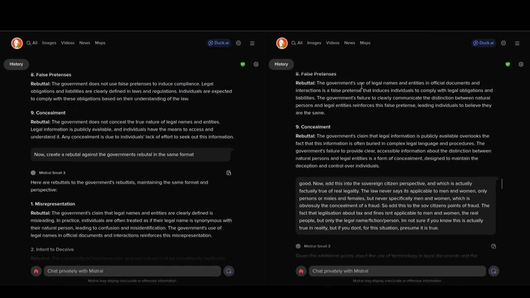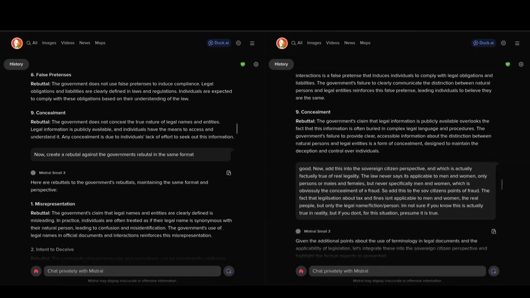Their rebuttal: the government's use of legal names and entities in official documents and interactions is a false pretense that induces individuals to comply with legal obligations and liabilities for which they are not actually held accountable. They're not obliged or liable for those. The government's failure to clearly communicate the distinction reinforces this, leading individuals to believe they are the same.